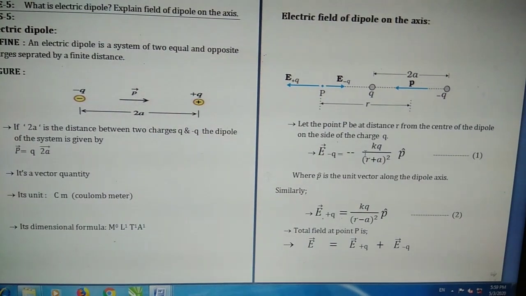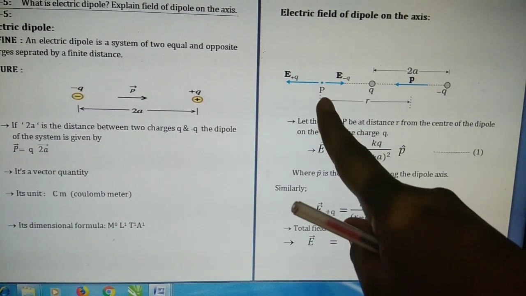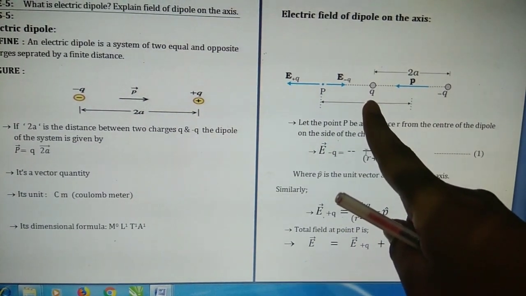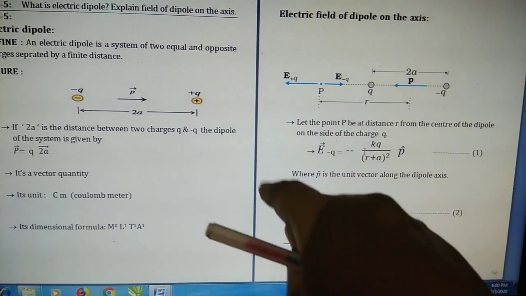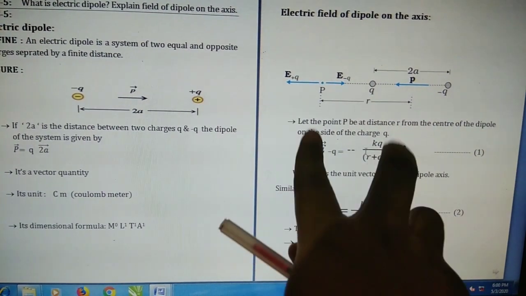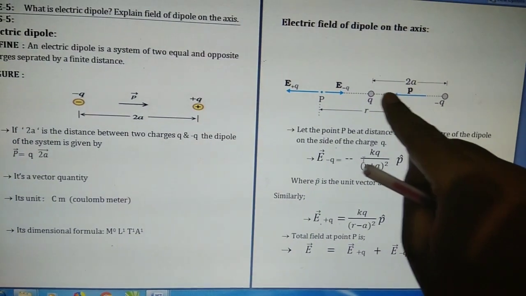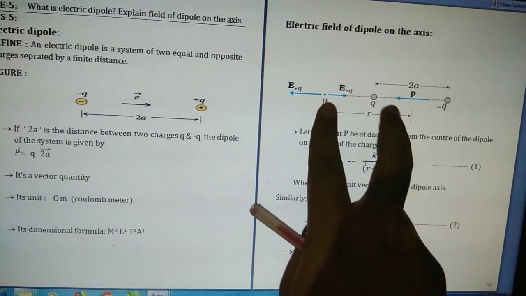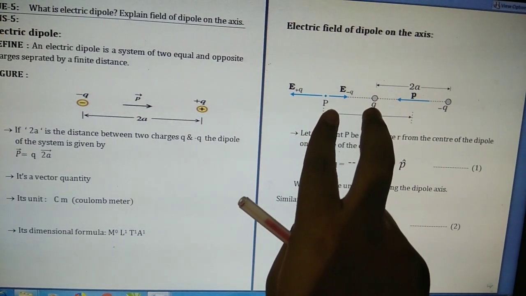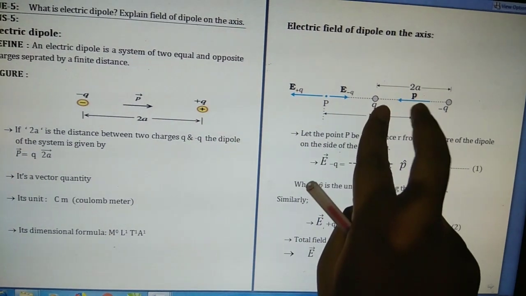Similarly, the electric field at point P due to the plus q charge. What is the distance between the positive charge and point P? Simple: if I subtract the small a from r, it is r minus a.